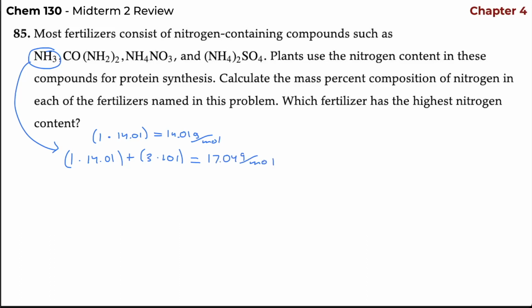Now what did we say? We need to divide the nitrogen over the total. So 14.01 over 17.04. What does that give us?